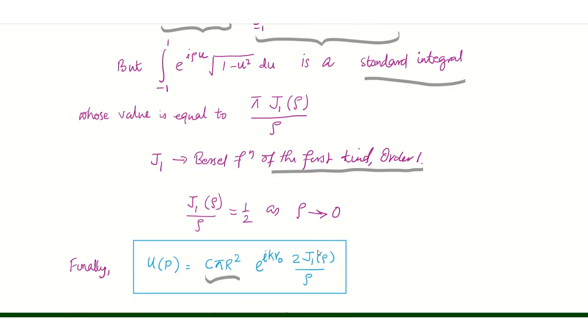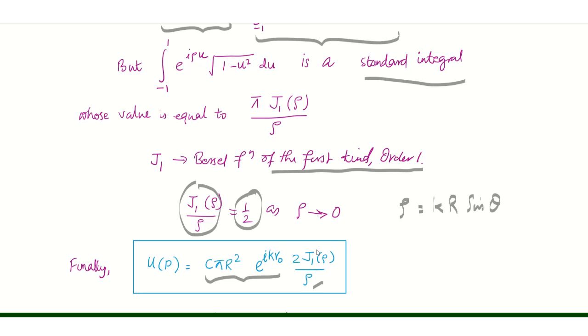This becomes C pi r square e to the power i k r0 times 2J1 rho over rho. That's because J1 rho by rho, as rho tends to 0, is half. And what is rho? Rho was kr sine theta.